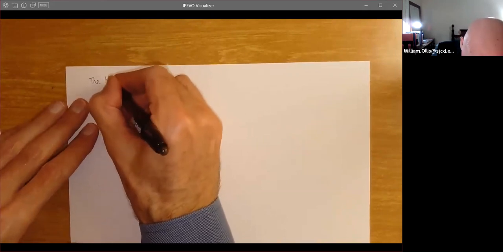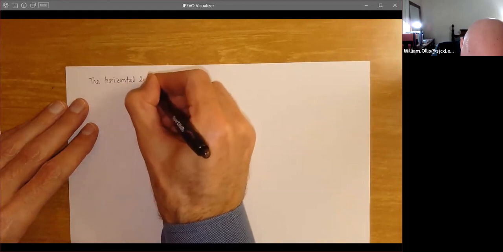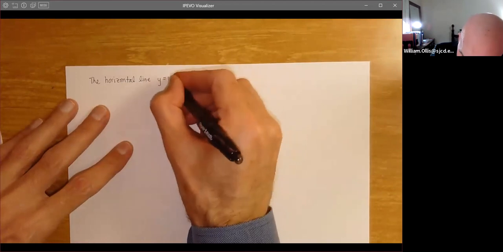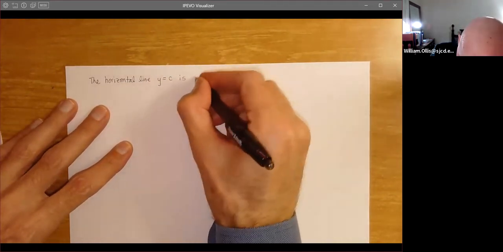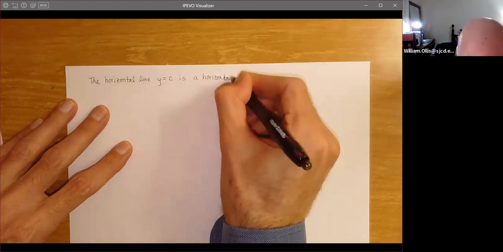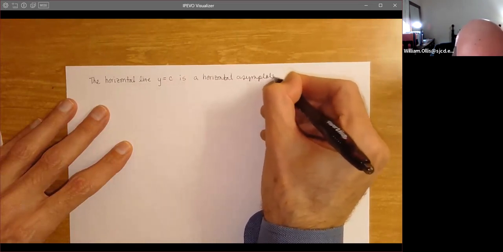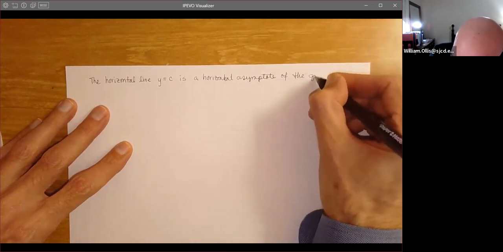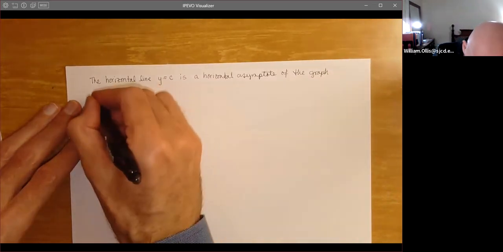The horizontal line y equals c, and of course we can call it c again, is a horizontal asymptote of the graph of R of x, the rational function.